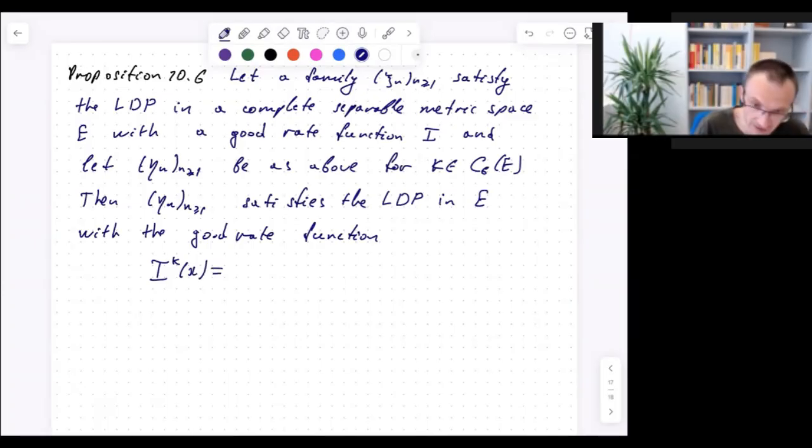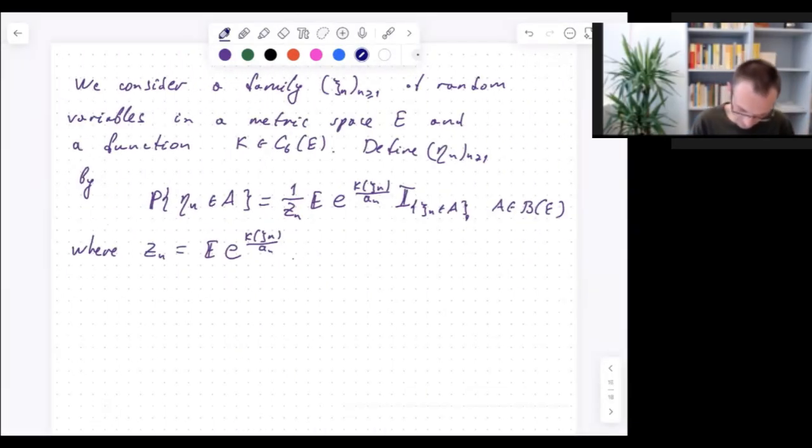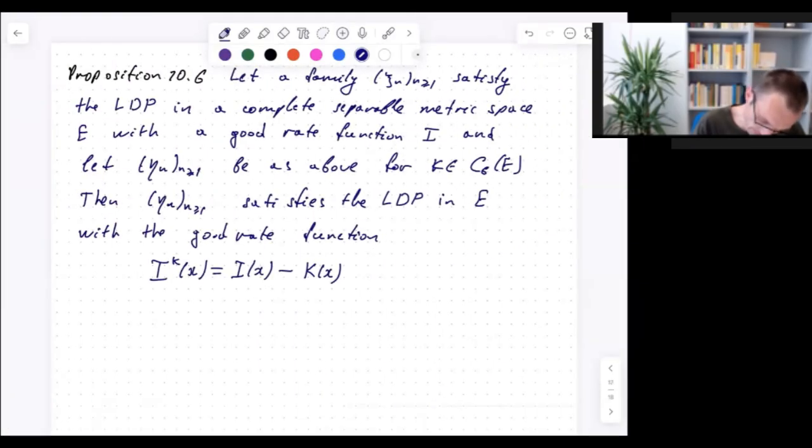And this rate function is the old rate function minus k of x, like this k which is here in the density, and then you also need to make this function have infimum exactly 0, so therefore we subtract the infimum over y belongs to E of I of y minus k of y.